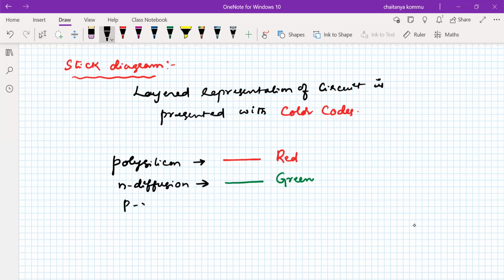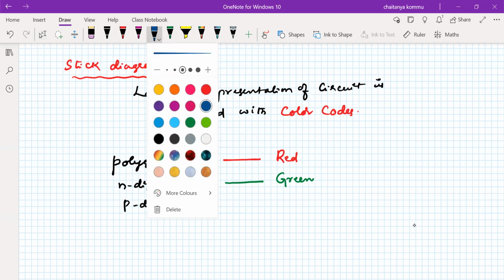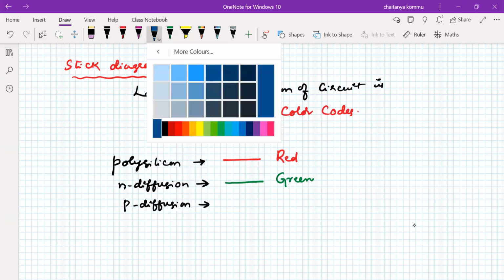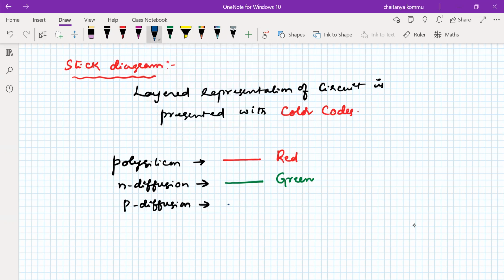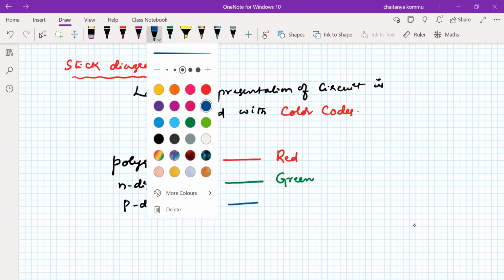Similarly, for the P diffusion, we use yellow color. Sorry, just a second.